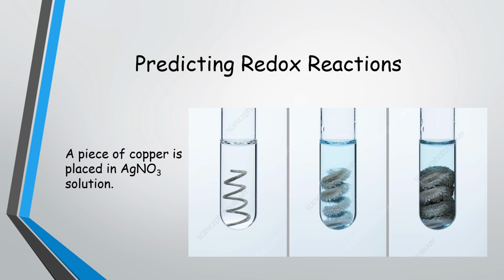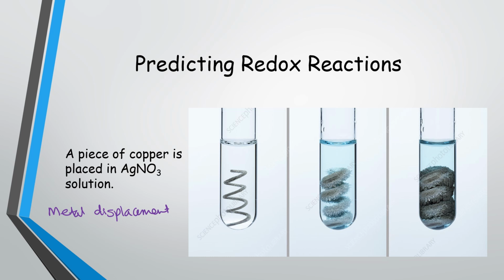In this particular reaction, it's a metal displacement reaction. And what we've got is a piece of copper that has been put into silver nitrate solution. You can see by the pictures how it's changing over time. The observations that you see here is the copper wire goes silver.